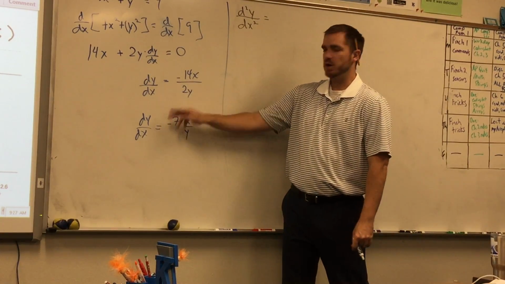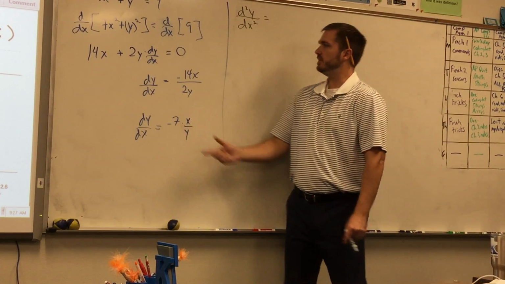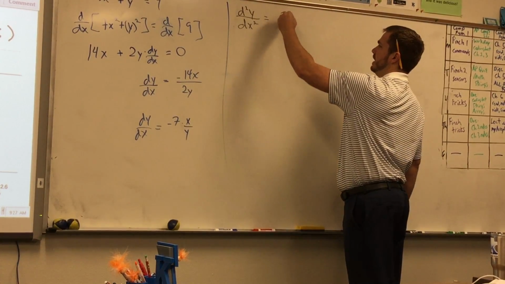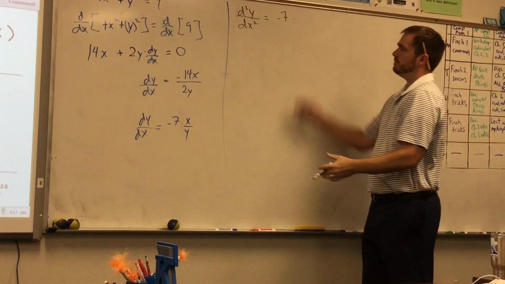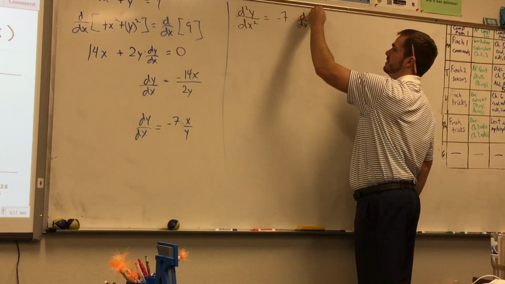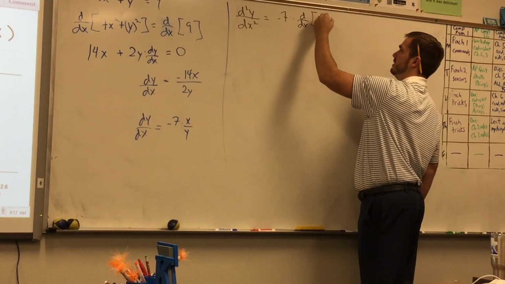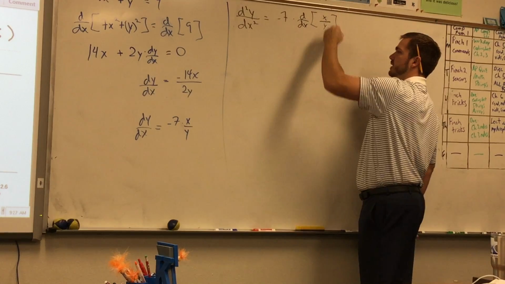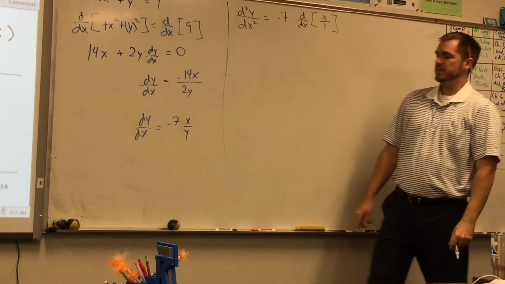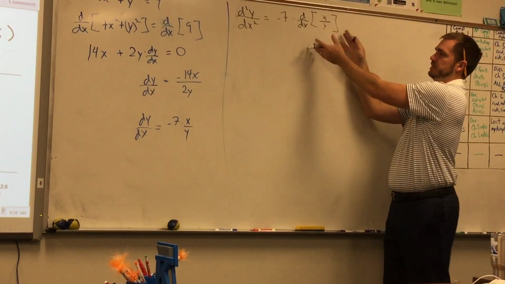If you have any number times something else and you're taking the derivative, you can just pull that constant out front and then take the derivative of the other part. So that's why I wrote that -7 out there, because I knew we were going to take the derivative of this.